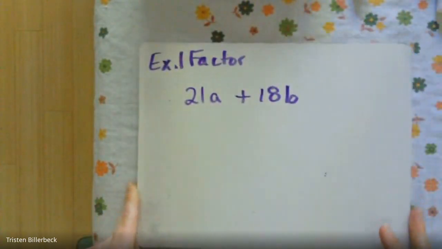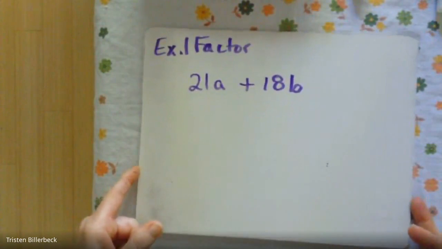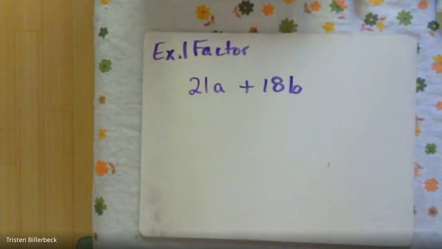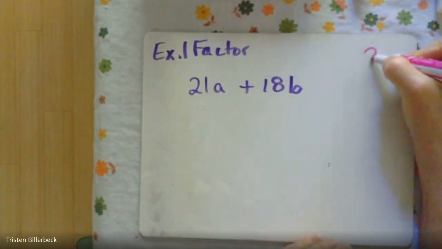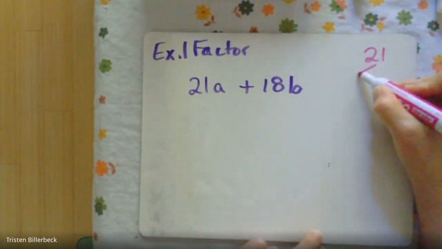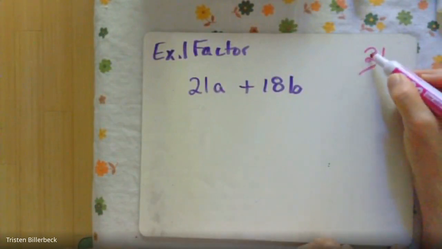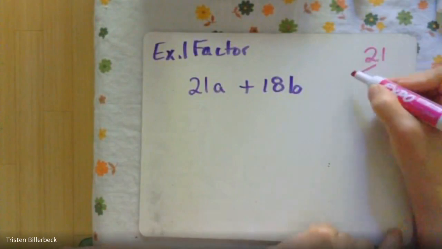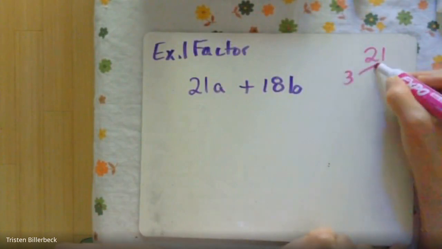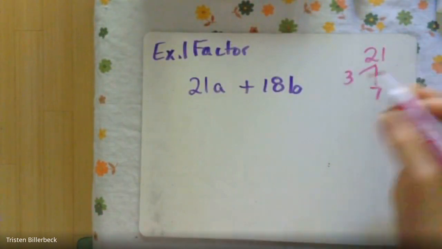One thing we want to do when we're factoring is to break things down into prime factorization. If we use a factor tree of 21, it's not divisible by 2, but it is divisible by 3 because 2 plus 1 is 3. 3 is divisible by 3, so we can take a 3 out and we have a 7.